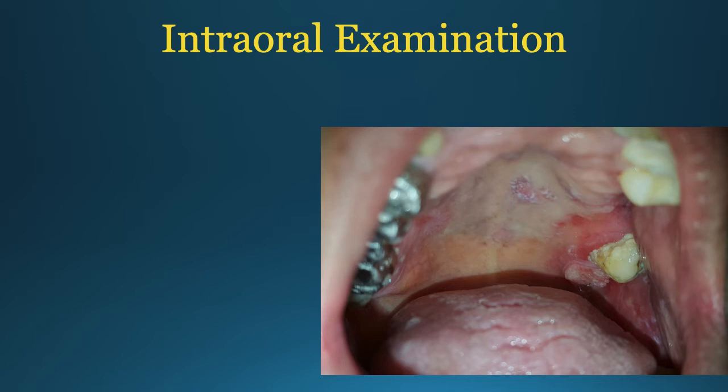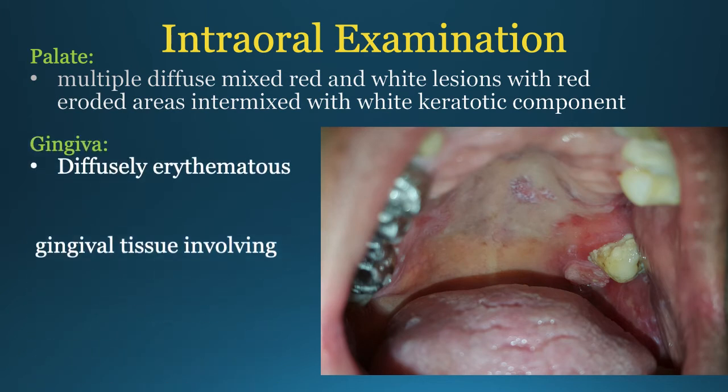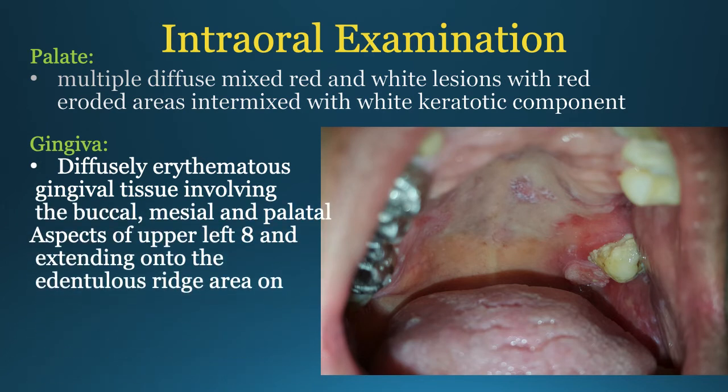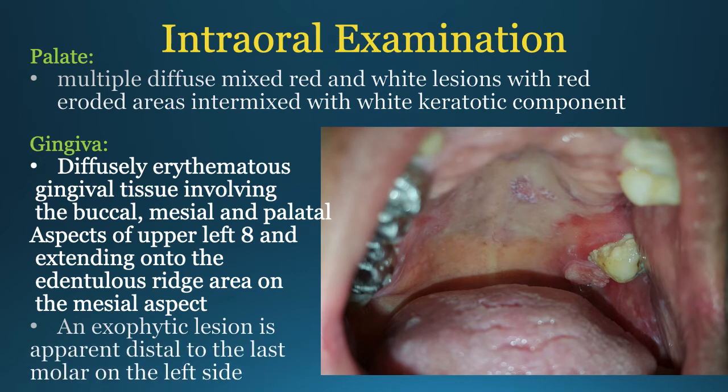And then on the ridge, related to the extraction side of the molar and premolar, we have a diffuse eroded area involving the buccal and mesial palatal aspects of the upper eighth and extending to the dentulous ridge. And then we have the exophytic mass, which the patient can complain with.